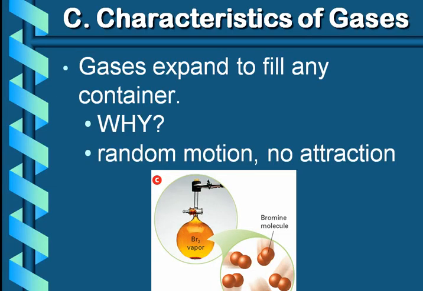Okay, so gases are going to expand to fill any container. That is one big characteristic of a gas. And that also helps us understand how we can pressurize a gas. One really good example of that, if you think about a balloon, right? What is the reason why a balloon maintains its nice spherical shape? It's because all of the little air molecules inside are moving around in random motion, bouncing all over the place.